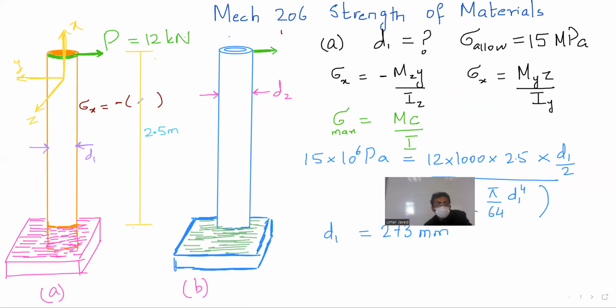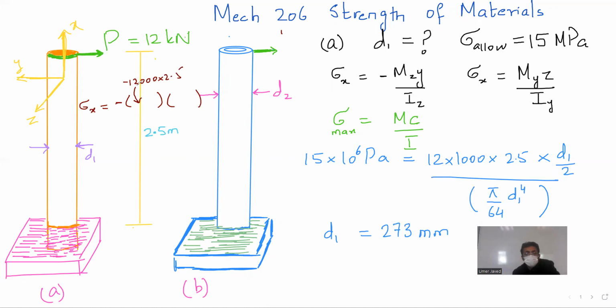Mz will be, my thumb goes right into the whiteboard, so it will be minus 12,000 into 2.5. Bracket, then you have c. Now let's say I talk about c in the positive y direction.